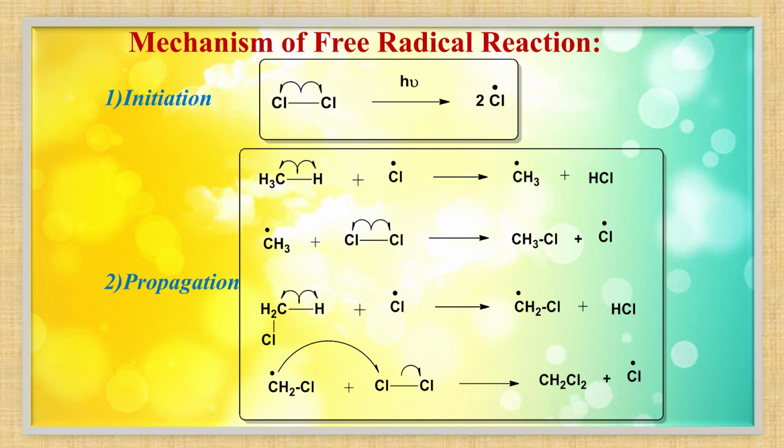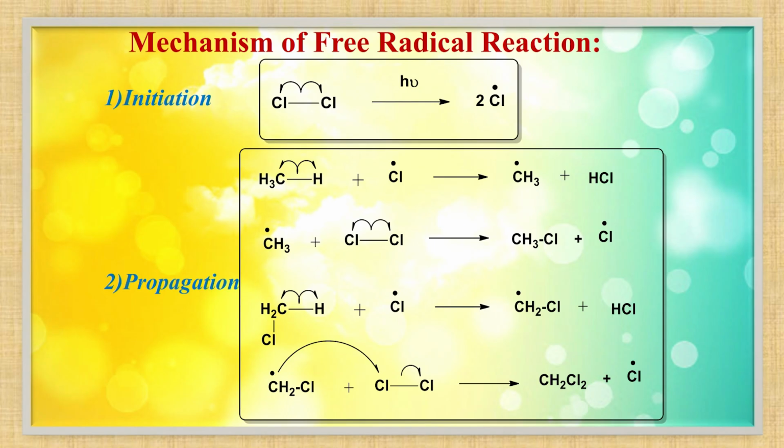Very simple. Cl2 is a molecule and both chlorine atoms are bonded by a single bond. When you give diffuse sunlight, the bond undergoes homolytic fission or homolysis to produce two chlorine free radicals.